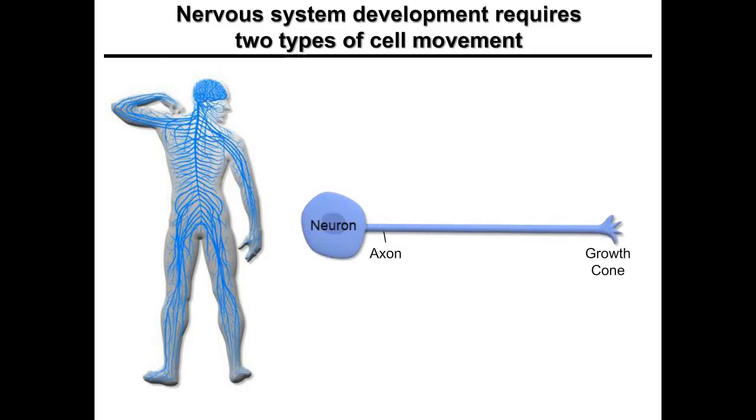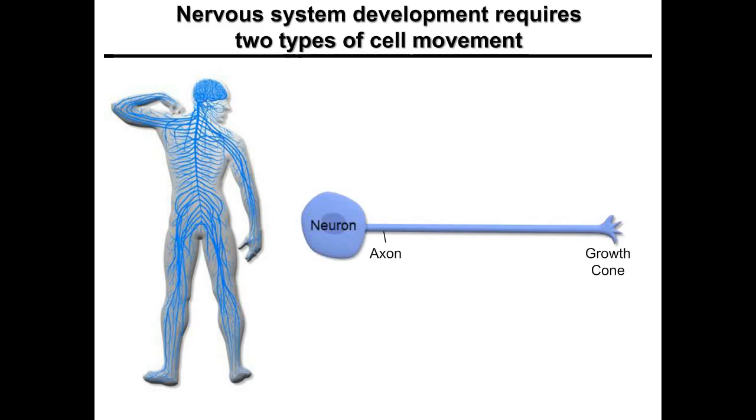Now, obviously, wiring up the nervous system with accuracy and precision is vital to our normal physiological functions, and defects in this process lead to a long list of neurodevelopmental disorders, including, we now think, autism and schizophrenia. And understanding how these connections form may also allow us to design more targeted strategies for promoting regeneration after injury.